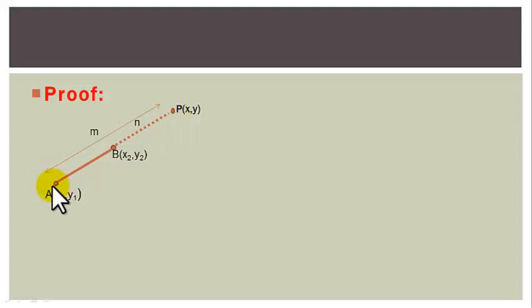First, we draw a horizontal line through A and a vertical line through P. These two lines meet at right angle at this point. Clearly, the side AQ of this triangle is x minus x1, and the side PQ is y minus y1.